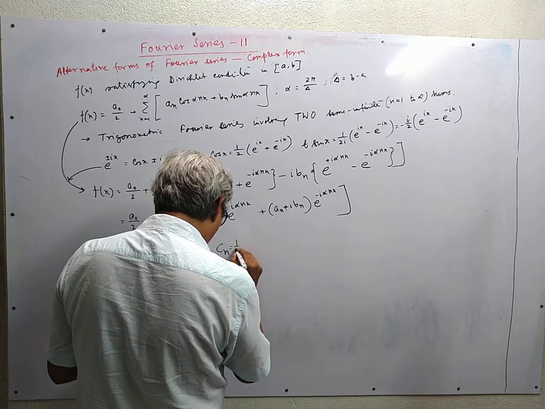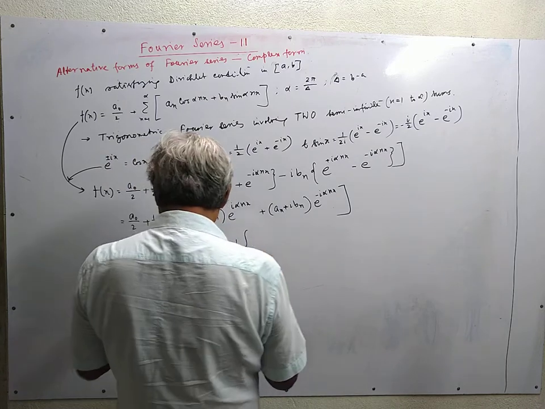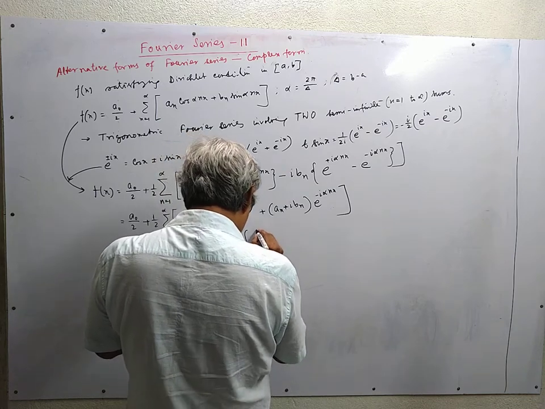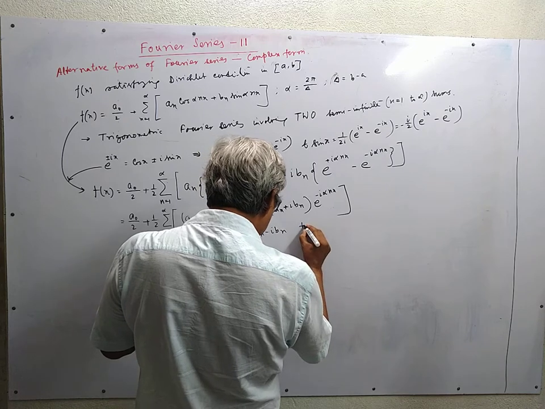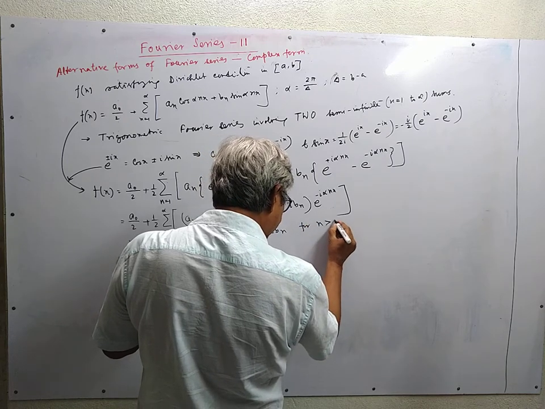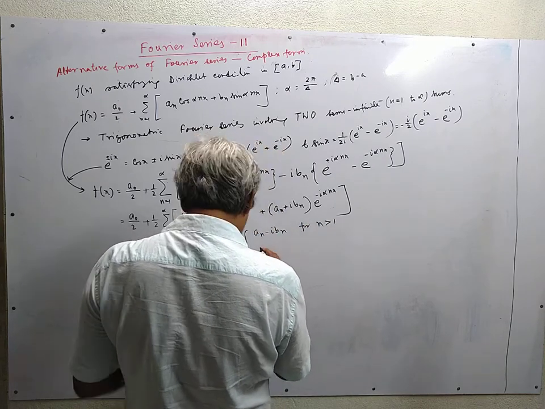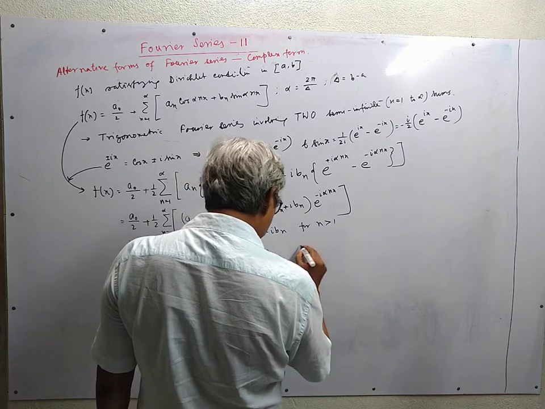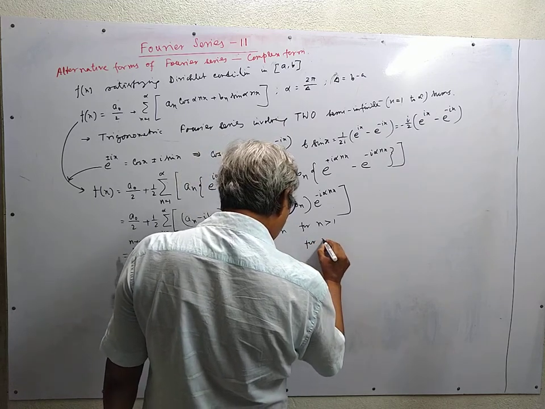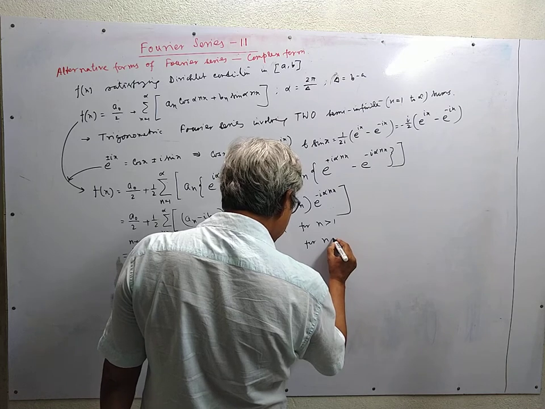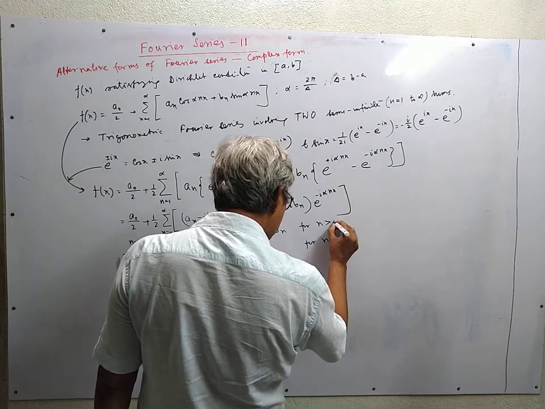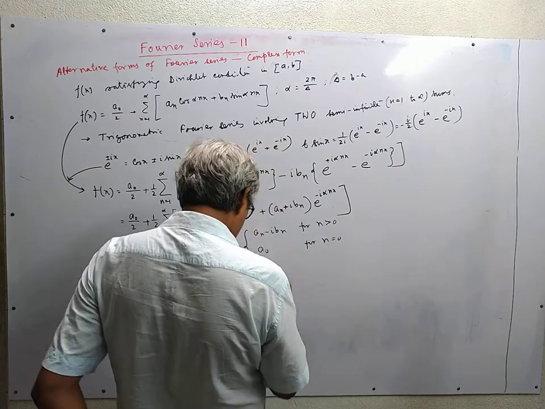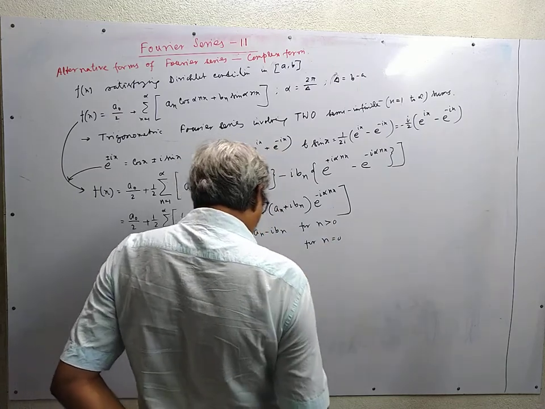Cn is equal to half, for n greater than 0. This is equal to A0 for n equal to 0.